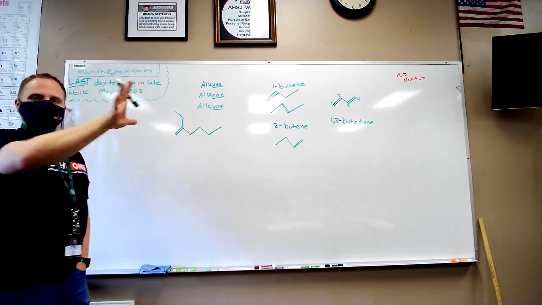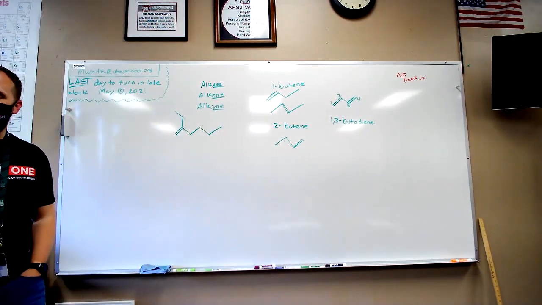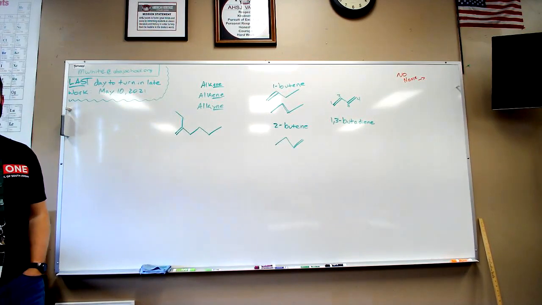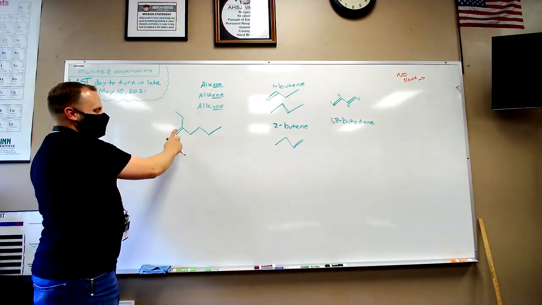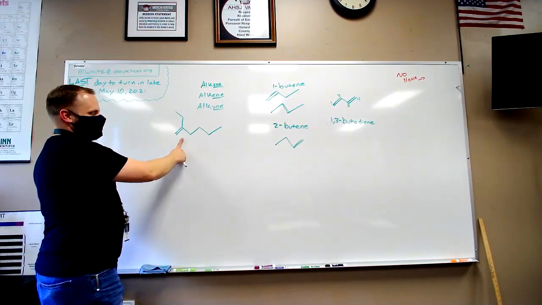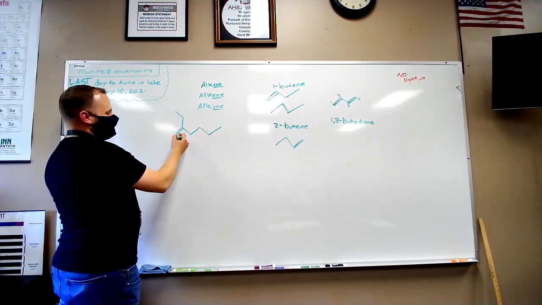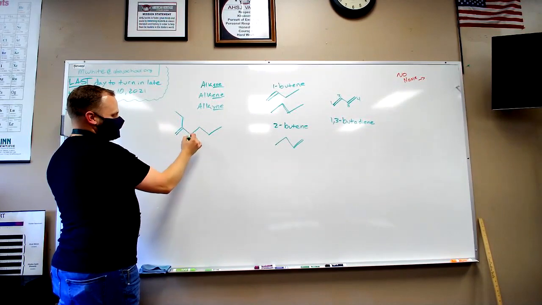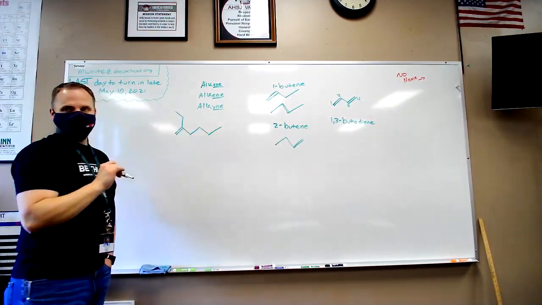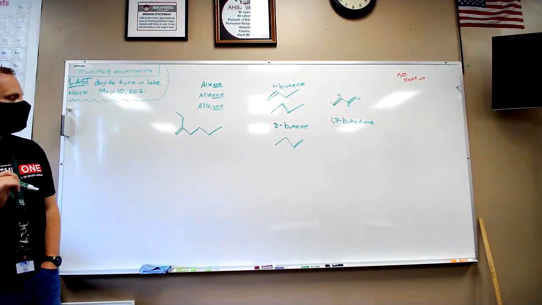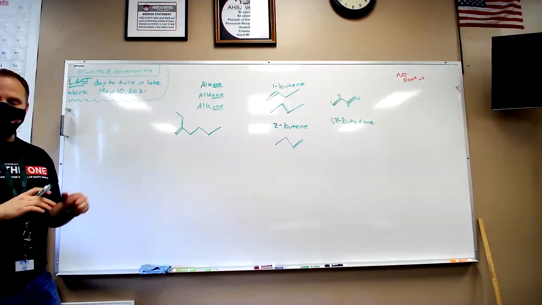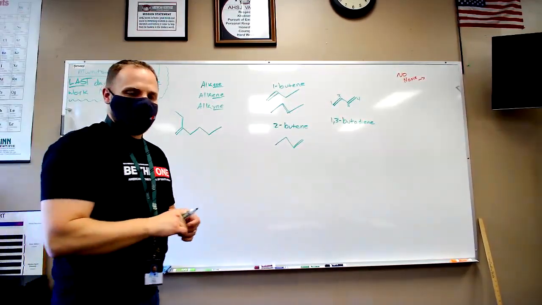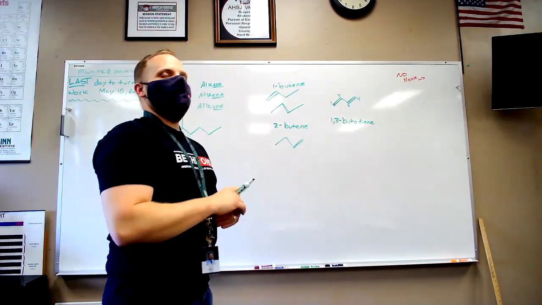But that excludes the double bond, so that is not our parent chain. The parent chain has to include the double bond. So our only options are 1, 2, 3, 4, or 1, 2, 3, 4, 5, 6. So that's something to remember. Your parent chain has to have the double bond in it.